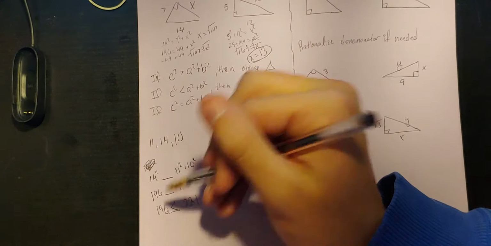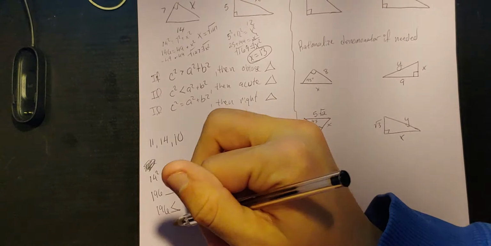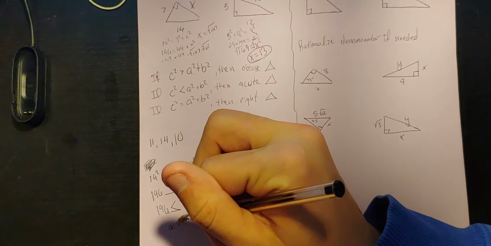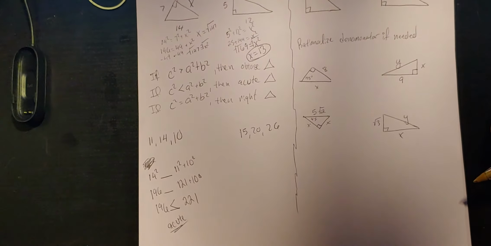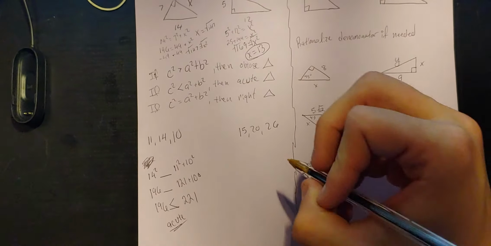Because our c squared is less than our a squared plus b squared, we have an acute triangle. And that's all you need to do there. Pretty straightforward.